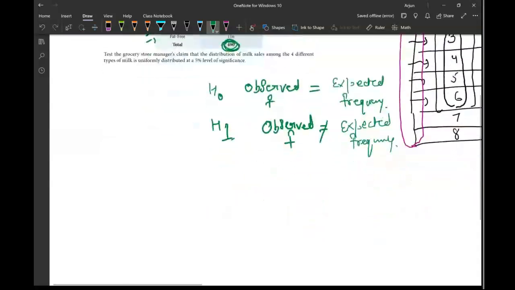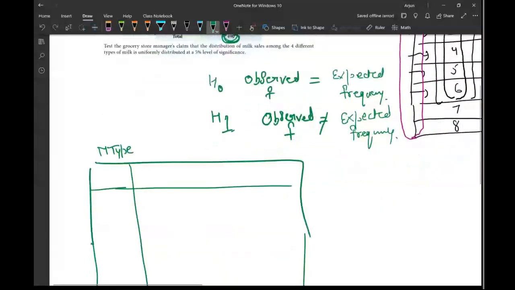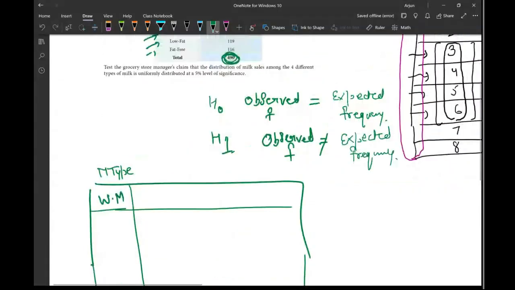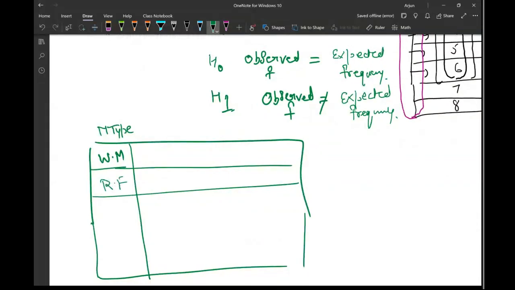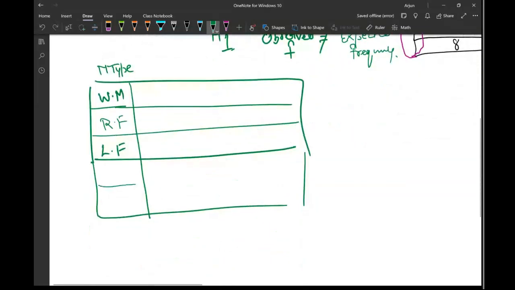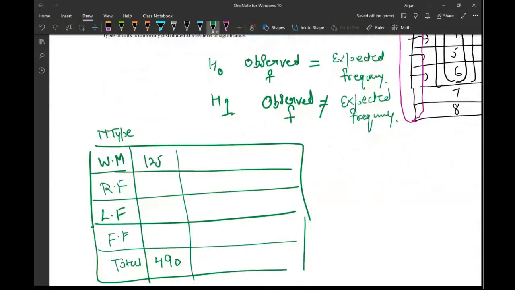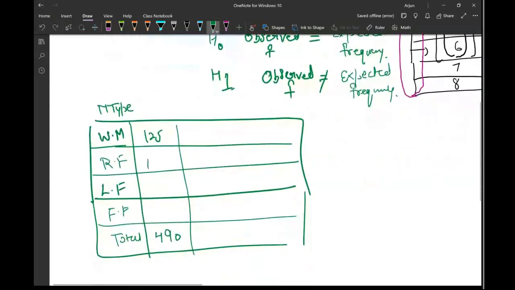Let me make a table down here, so it will be easier for me to do the calculations. So this is the milk type, and there are four milks, as we said: whole milk, the second one is reduced fat, the third one is low fat, and the fourth one is fat free. Then the total number of bottles sold is 490, and whole milk was 125, and reduced fat was 130.